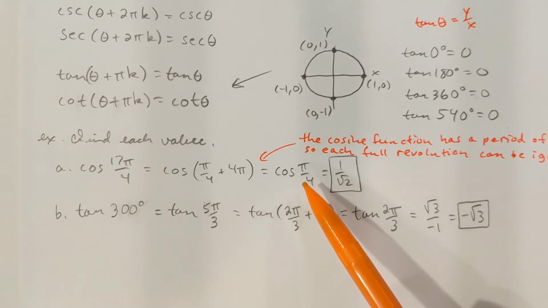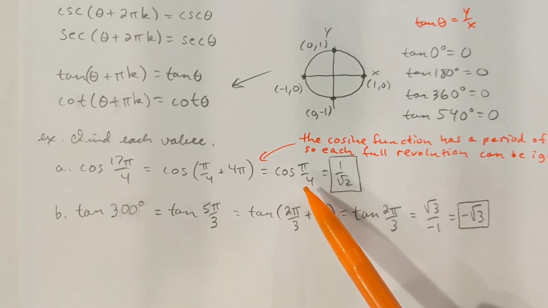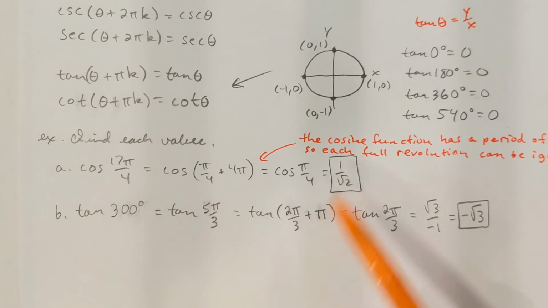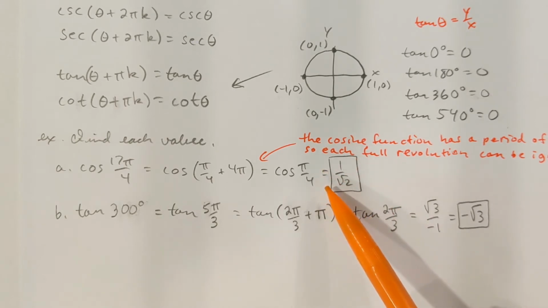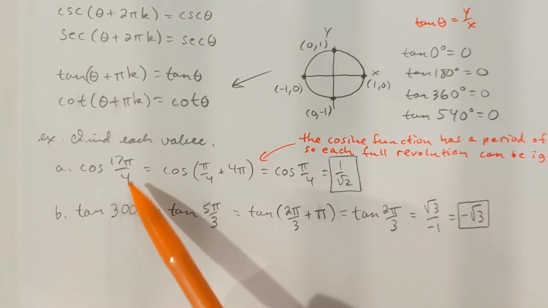So in this problem, I would get the same answer as I would if I were to just compute cosine of pi over 4. Okay, I'm working with a 45, 45, 90 right triangle. The adjacent side in that is 1. The hypotenuse is root 2. So 1 over root 2 would be the value of cosine of pi over 4. It would also be the same number that you would get for cosine of 17 pi over 4.